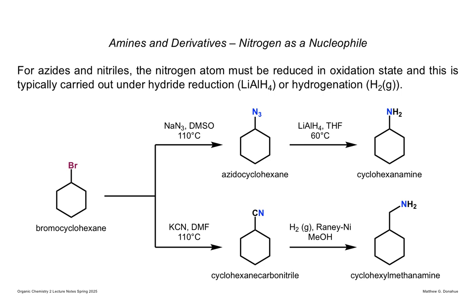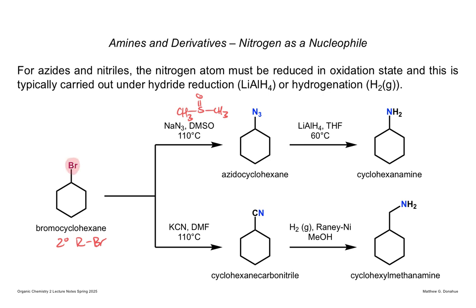And so we'll start with bromocyclohexane, which is a secondary bromide, so it's fine for SN2. We can treat with sodium azide and DMSO, which is a polar aprotic solvent. And so that's going to do a functional group transformation.